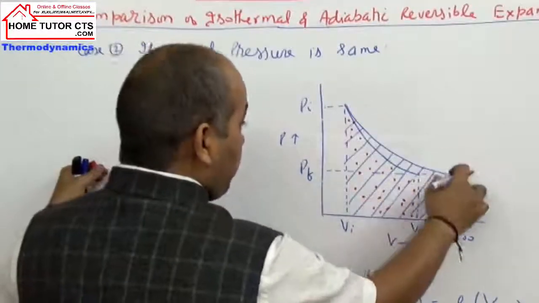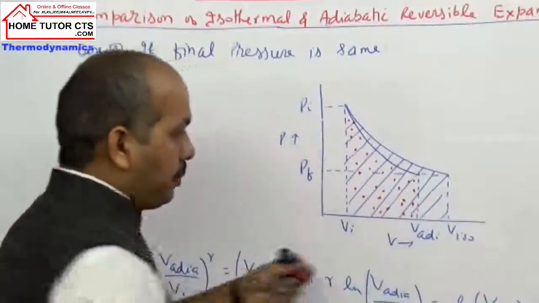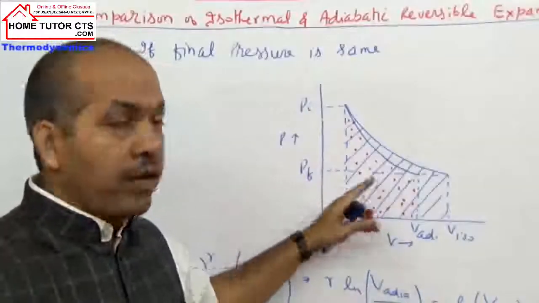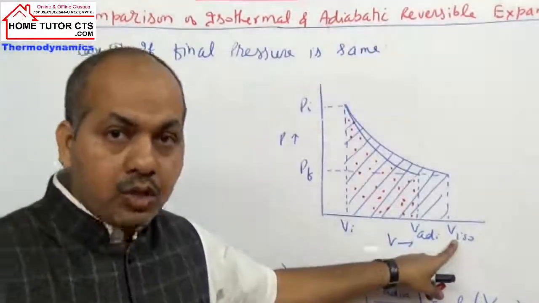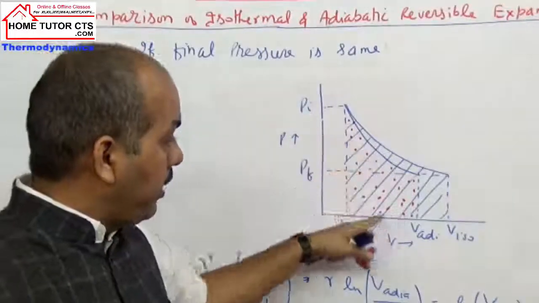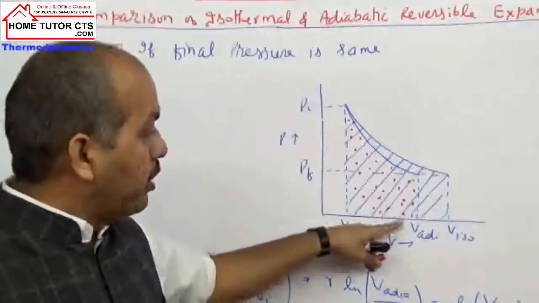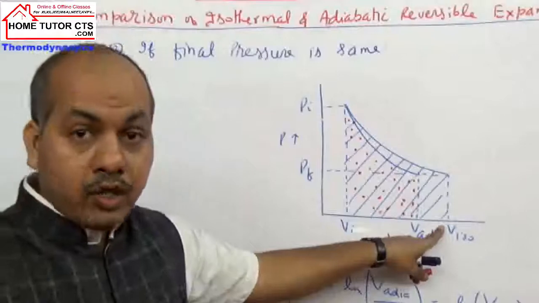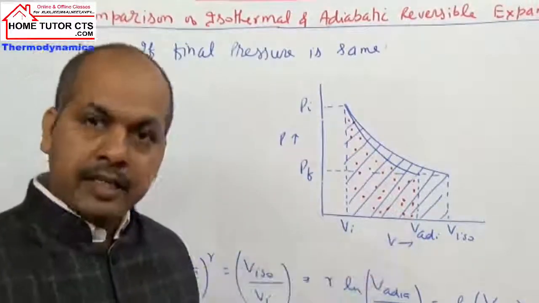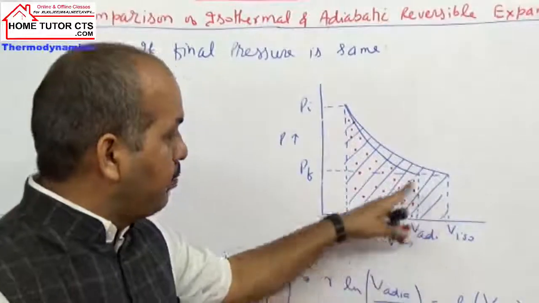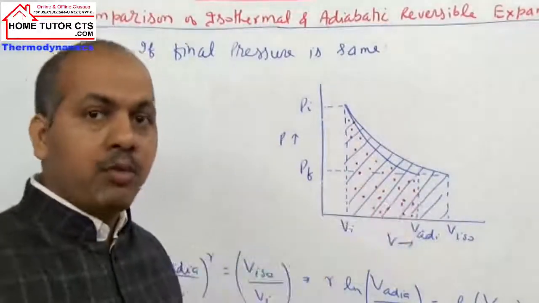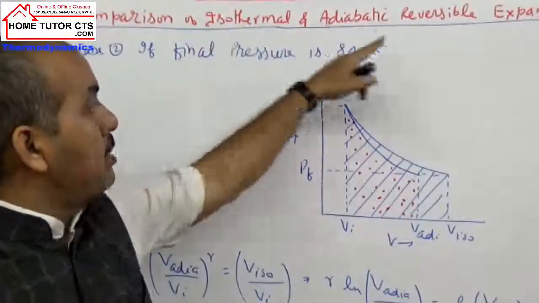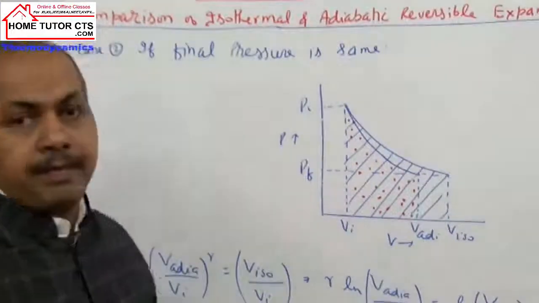You can see here that the entire shaded portion is the area under the graph representing work in the case of isothermal expansion, whereas only the red marked area will be work done in the case of adiabatic expansion. We can say final volume is higher in isothermal expansion as compared to adiabatic expansion. When final volume is higher, area under the graph becomes more, which means the work done becomes more. So work done is more in isothermal expansion as compared to adiabatic expansion.